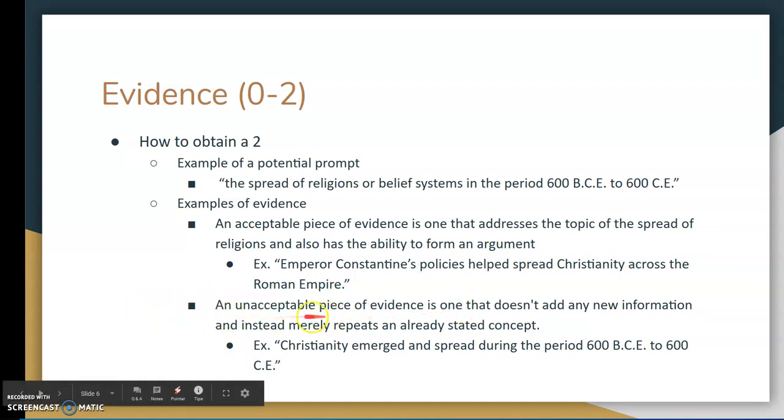And of course the unacceptable piece that doesn't add new information but merely states an already stated concept is: Christianity emerged and spread during this period. See, there's the difference. This one doesn't go specific on how it spread. This one does show you, because you know who helped spread it: Emperor Constantine, across the Roman Empire. This one just says it spread in that time period.